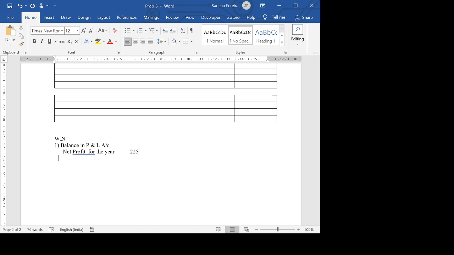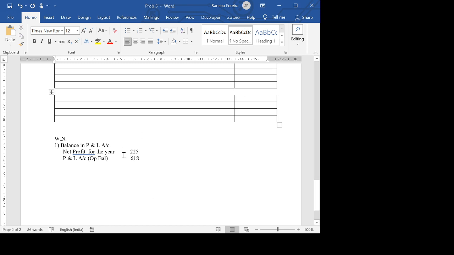Then we also have the profit and loss account opening balance, that's net profit of the previous year, you can say profit brought forward. That to us is given as 618.